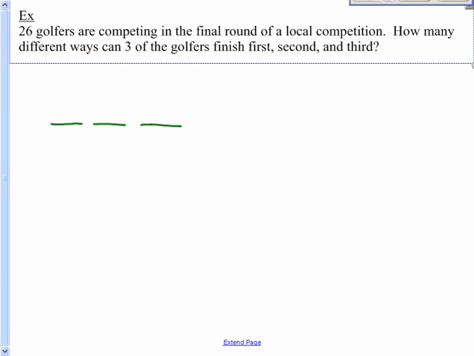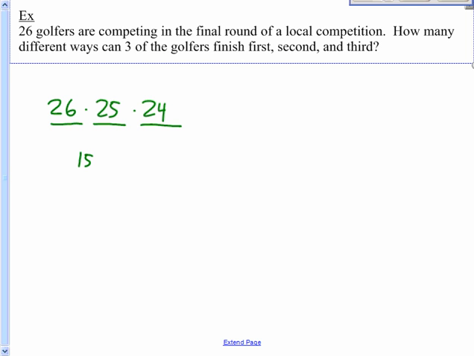There's 26 golfers, right? And after that person's taken first, he's not an option anymore to take second. So I only have 25 options for second place, and then I got 24 options for third place, and you punch that in, and you get 15,600.